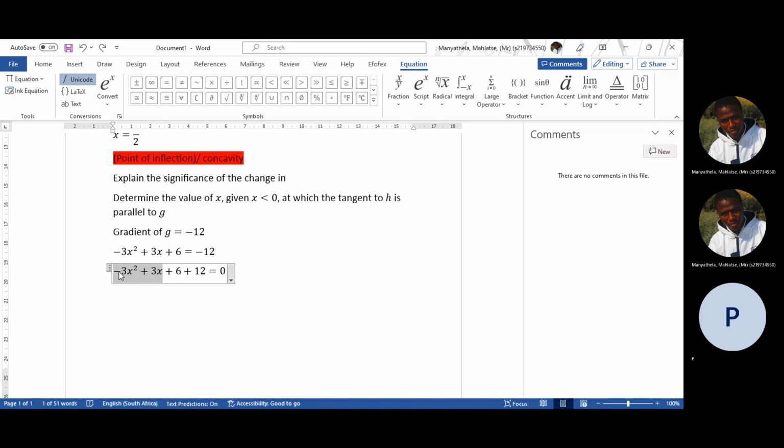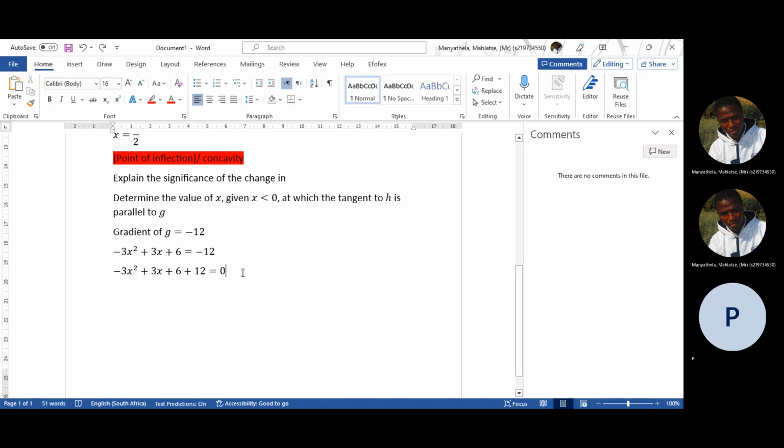We add like terms. We'll have minus 3x squared plus 3x equal to 0. So on the next step, we can simplify by dividing the whole thing by negative 3.